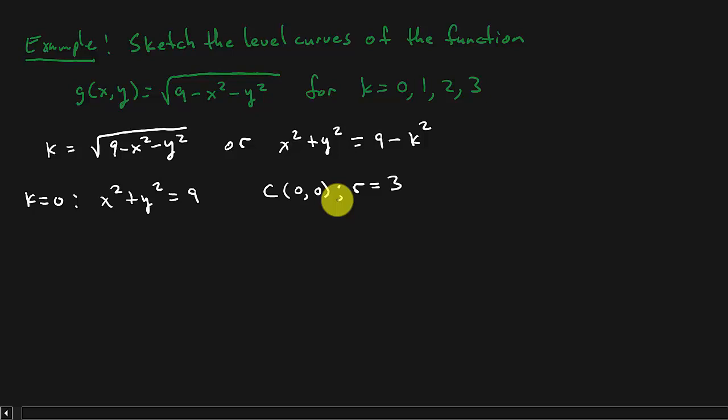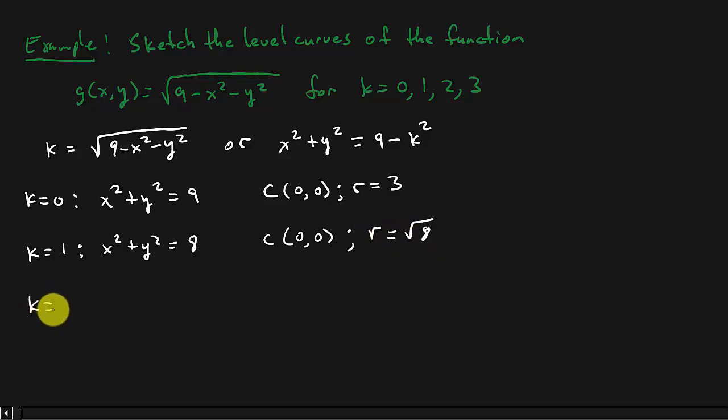All right. Now let's do k equals 1. So I get x squared plus y squared equals, and then let's see, 9 minus 1 squared is 8. So that is center 0, 0, and that is radius square root of 8.